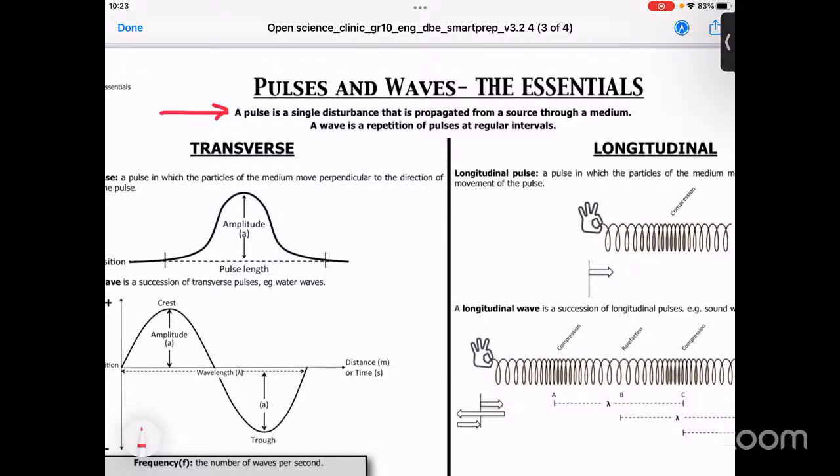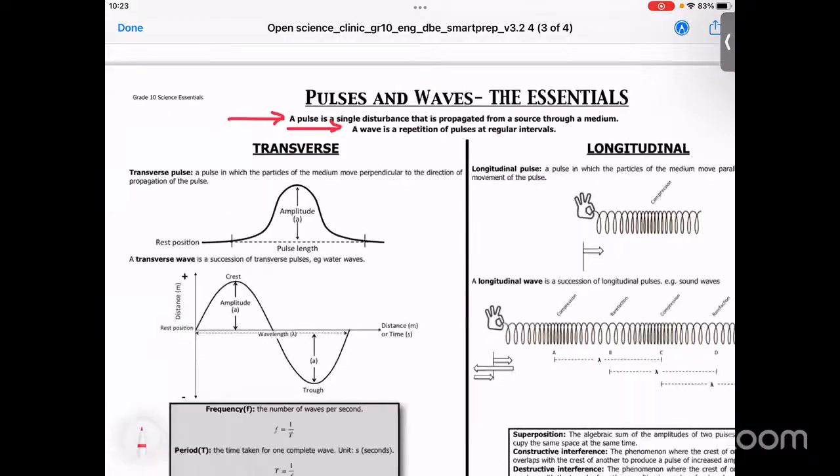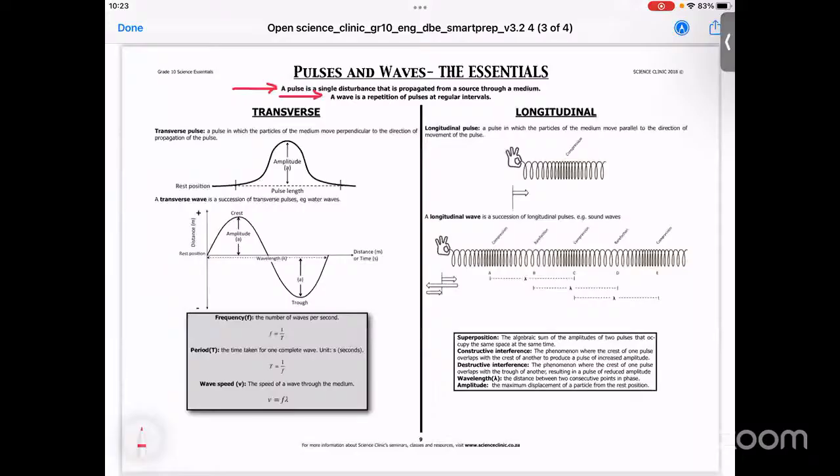But a wave is a repetition of pulses at regular intervals. So you can see we have two columns, where we are going to talk about the transverse and the longitudinal.